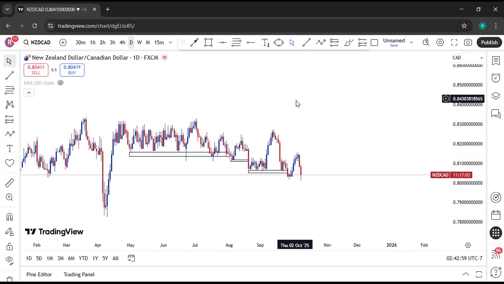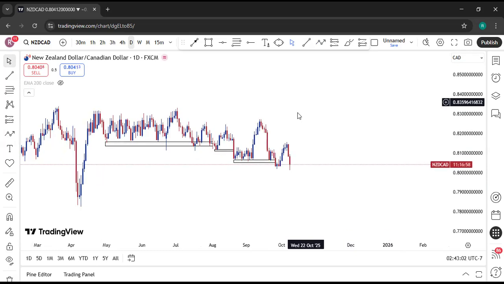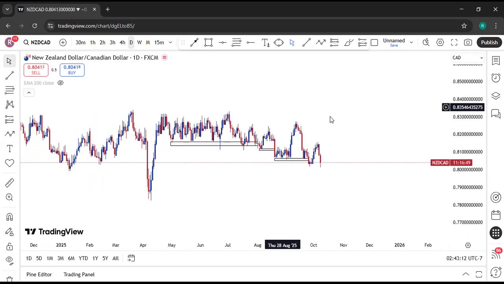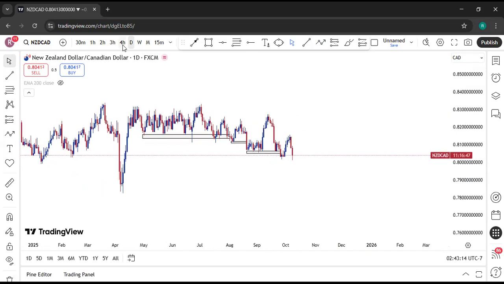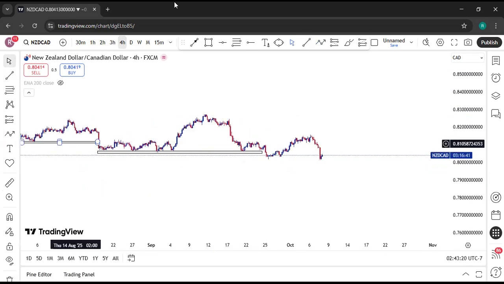So the next thing we want to look out for are key levels of either support or resistance. And you can find this on smaller time frames, right? So let's go to the 4-hour chart. So for this particular setup, I used the channel, like this is a channel here. If you're new to trading and you don't know what a channel is, this is what a channel looks like.